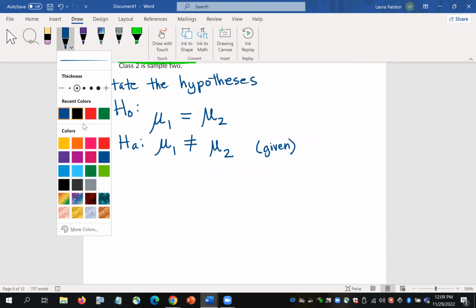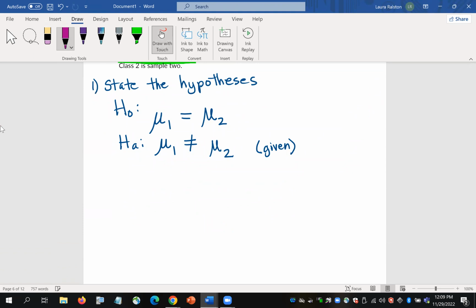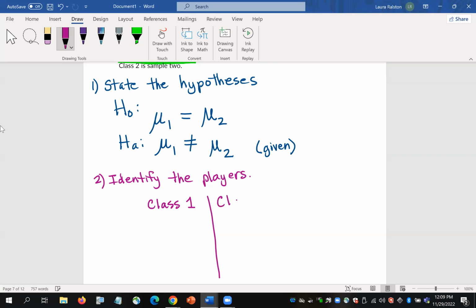Now again, for step 2, where you have to identify the players, you may not remember everything that you need, but you have to have information related to class 1 or sample 1 and the same information related to class 2. We need the sample mean, the sample size, and the standard deviation.